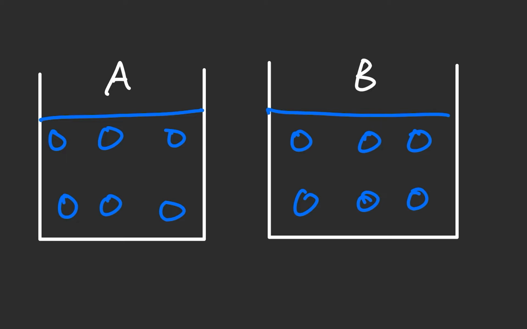I can say that both solution A and solution B have the same water potential. But if I put a solute and dissolve it in solution B, let's just say it's a random solute, I can now say that the water potential of solution B is lower than the water potential of solution A.